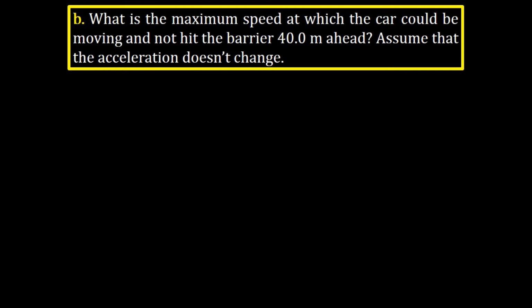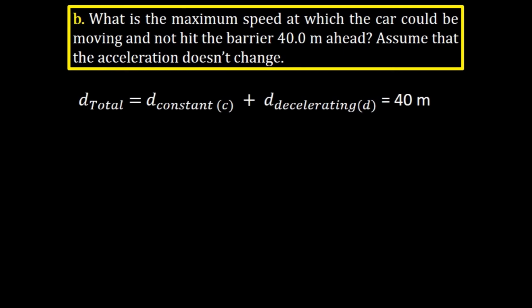So now let's go through a calculation where you're not going to hit the barrier. You're going to stop in time. So the total stopping distance is going to be 40 meters. You went through a constant value of some velocity v times 0.75. Again, we don't know the velocity.